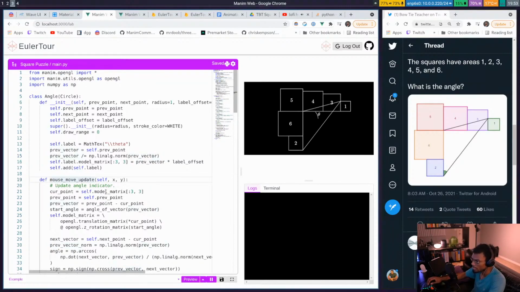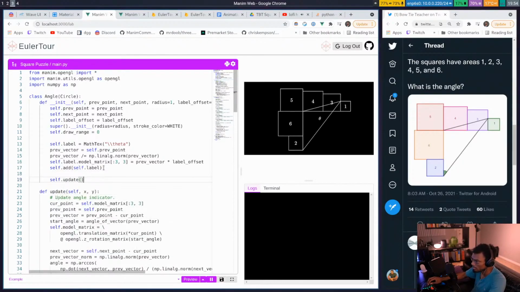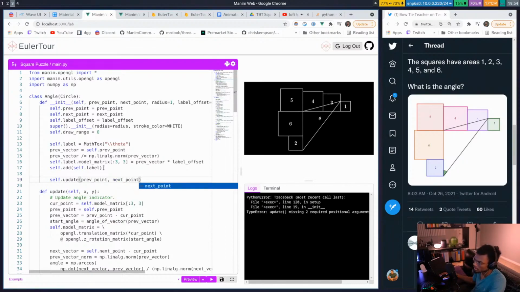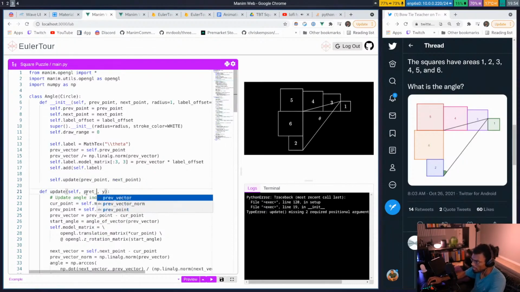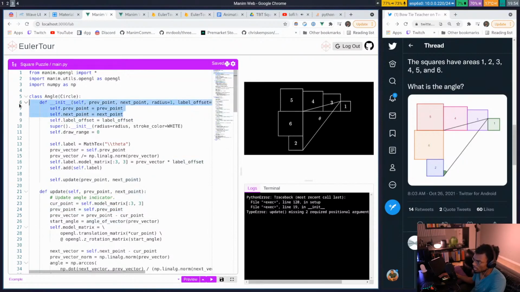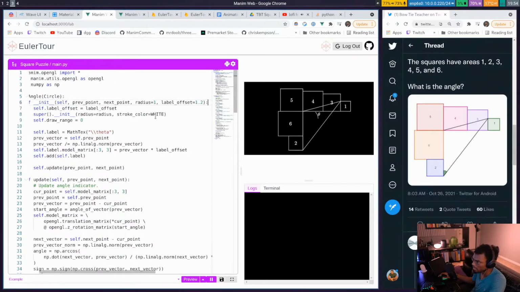So instead I'll just call this update. And then here I'll call self.update. Pre-point and next point. And that's what this should be taking. And it shouldn't have to save these, really, since it should be variable.